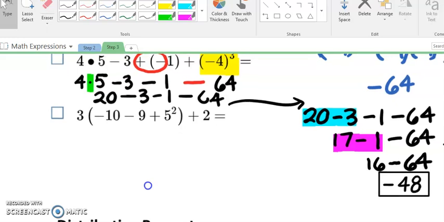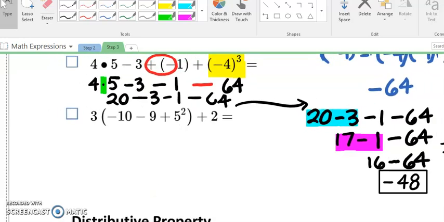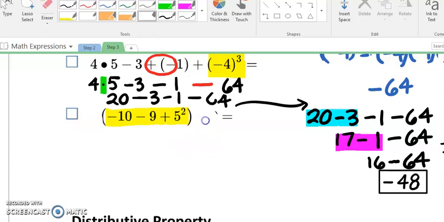Let's try the third one. This will be the last one we try on this video. Again, focusing in just on the parentheses, we can even ignore the things that are outside the parentheses if that helps you to focus in on the parentheses. We'll bring those back in just a moment.